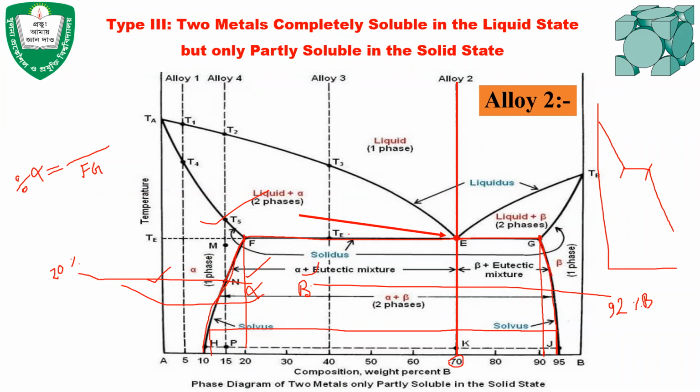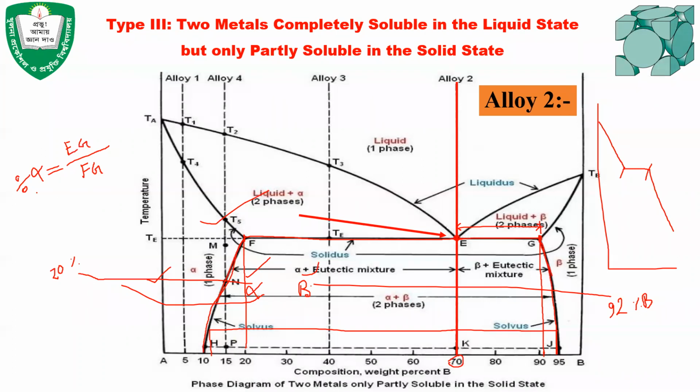And to find out the percentage of alpha, we have to again use the lever rule. So FG will act as a tie line. So the length from this point to that point will give us the percentage amount, that is EG.